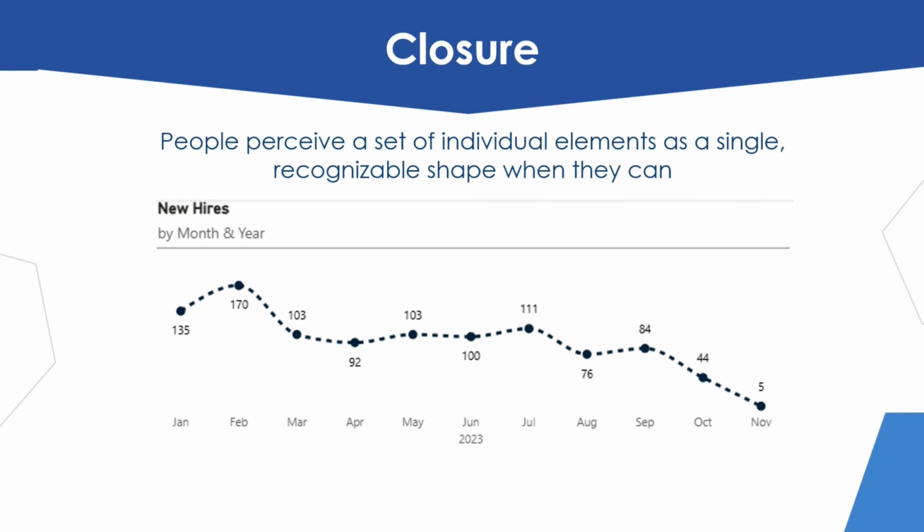Now, the next data visualization principle is the principle of closure. It tells us that a set of individual elements are perceived as a single object when there is a recognizable shape. A really clear practical application of this is when you're using dashed lines for your trend charts.